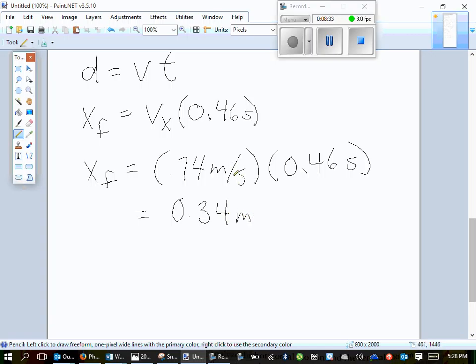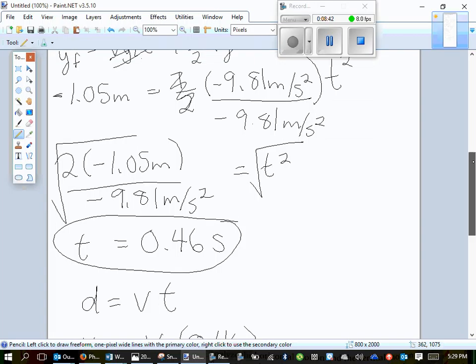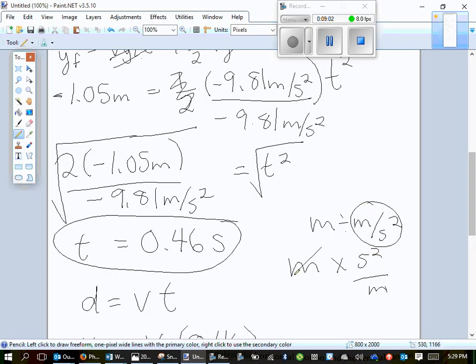Meters per second times second, we're just left with meters. Let's make sure the units are correct. Meters, yep. Seconds, I didn't double check that this one was seconds. We have meters divided by meters per second squared. Whenever you divide by a fraction, it's the same as multiplying by the reciprocal, so seconds squared over meters.